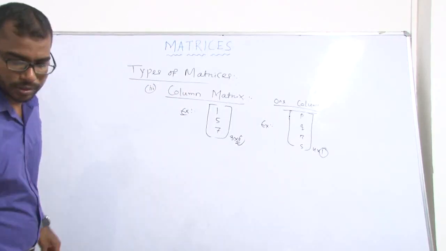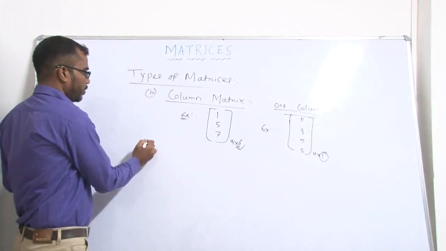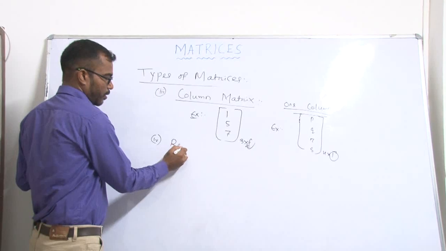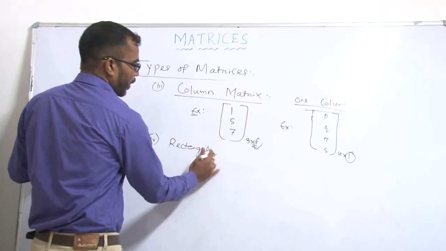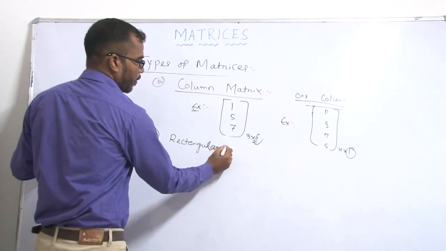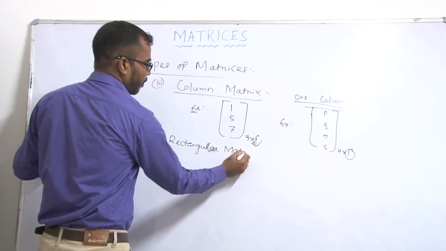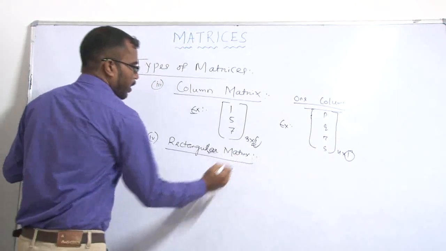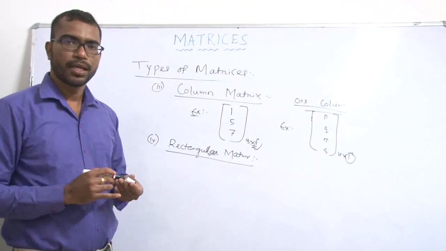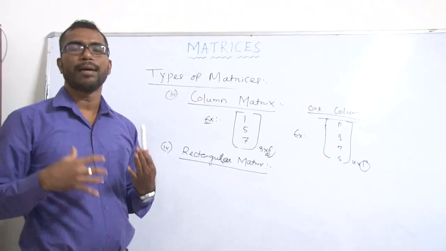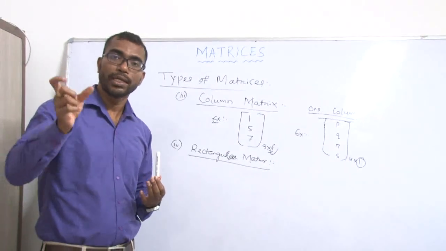Now the fourth point is rectangular matrix. Rectangular matrix means it is a matrix if the number of rows and number of columns are not equal.